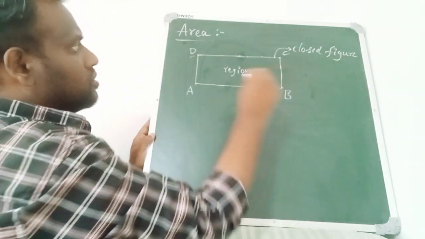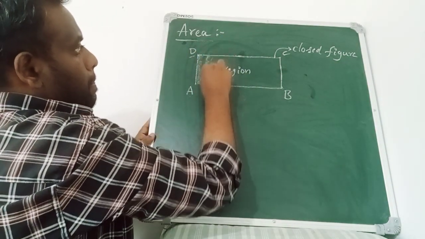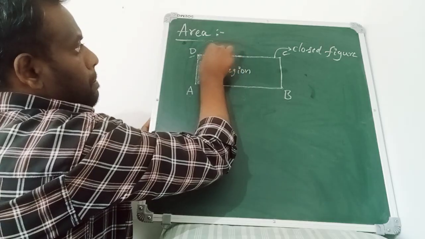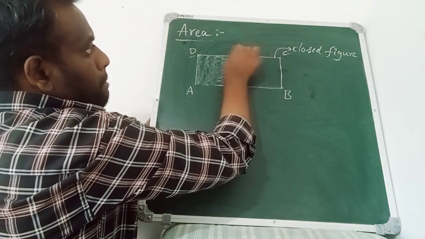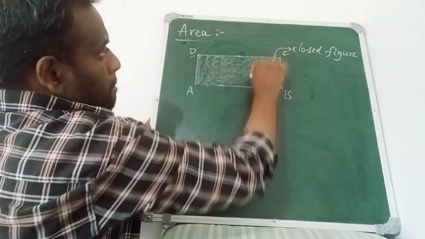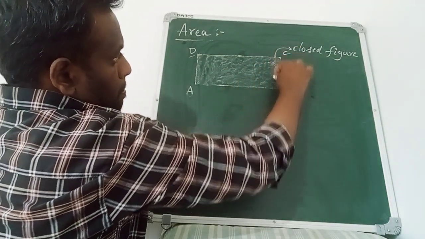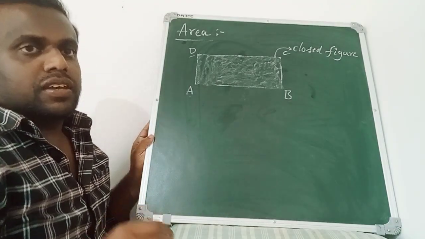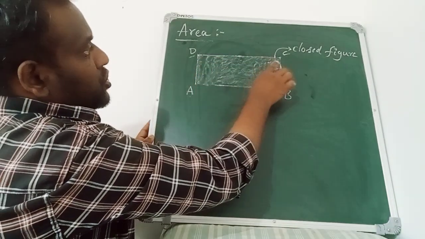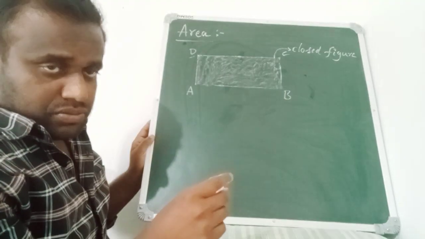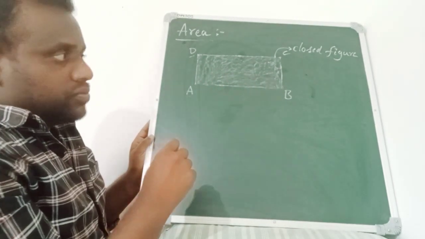I will shade the region now with a chalk piece. See, just now I shaded the region. This shaded part, that is the region.